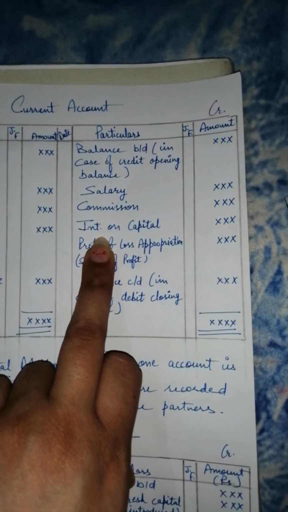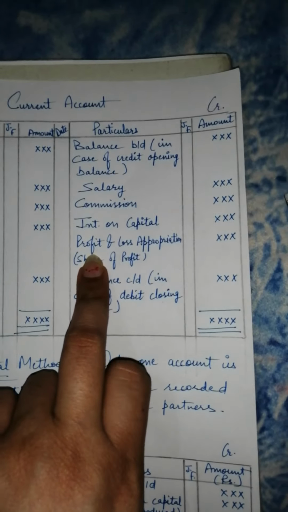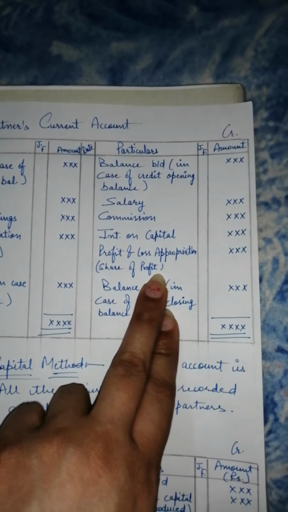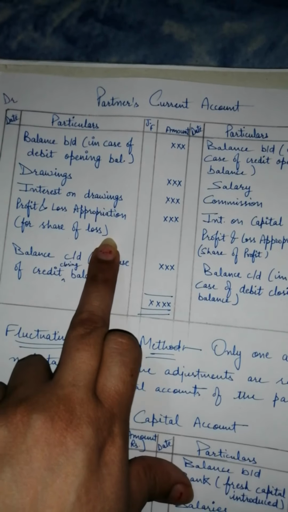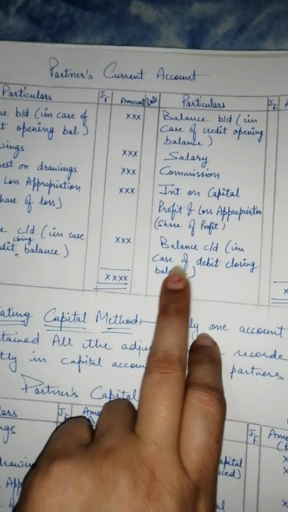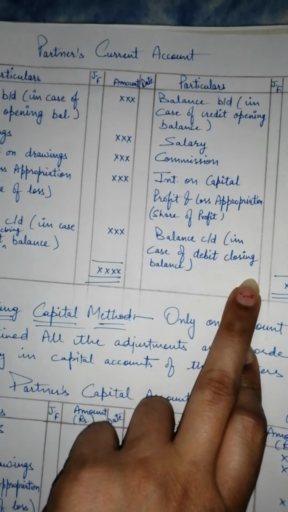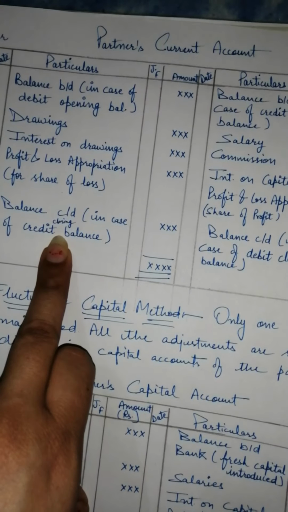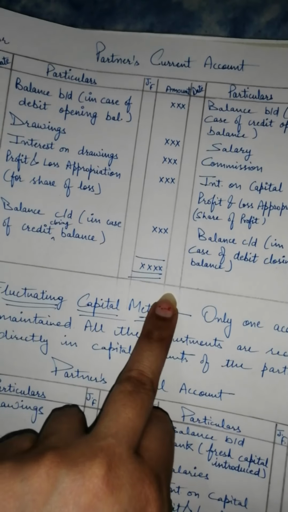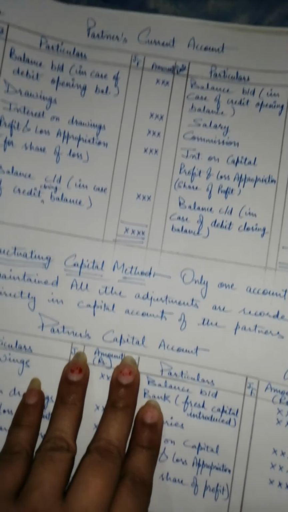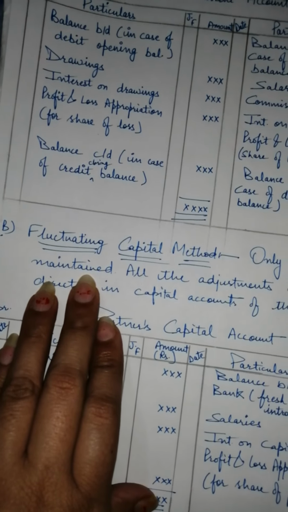Interest on capital will also be shown on the credit side, and profit and loss appropriation in case of profit will be shown on the credit side, and in case of loss on the debit side. And the balance, if there is a debit closing balance, we will show it here. If there is a credit closing balance, we will show it here, and after that we will make its total.